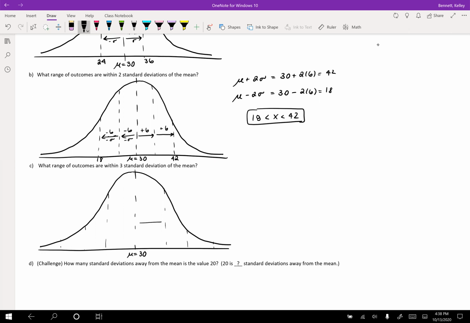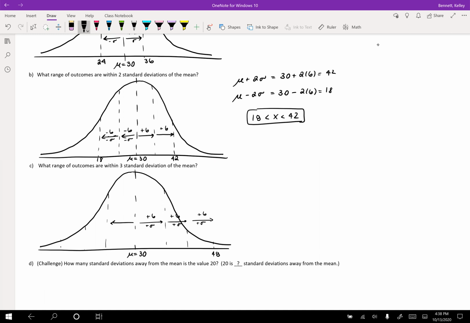So I can go +6, that's 1 standard deviation, plus another 6, that's another standard deviation, plus another 6, that's another standard deviation. So if I'm at 30 and I go up 6, 36, I go up 6 again, I'm at 42. I go up yet another 6, now I'm at 48.